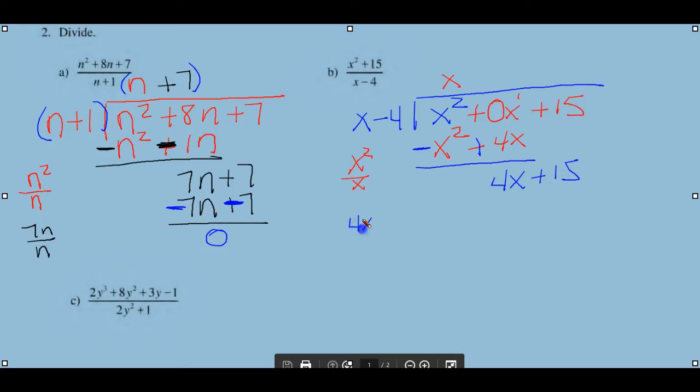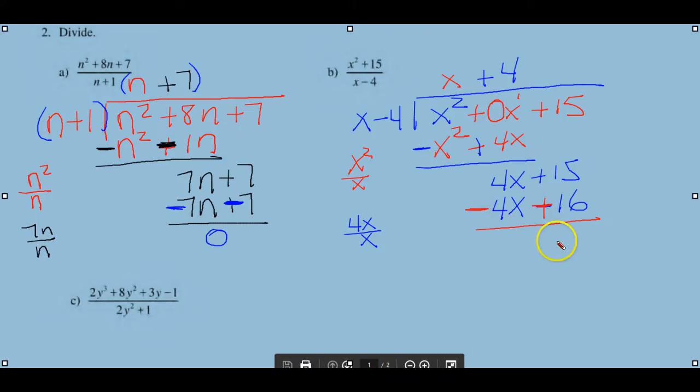Now we have 4x divided by x. This is going to be a plus 4. A way to figure out what you're going to put up here. So x times 4 is 4x. A negative 4 times a positive 4 is a negative 16. Now we're going to draw a line under it, and change our signs.